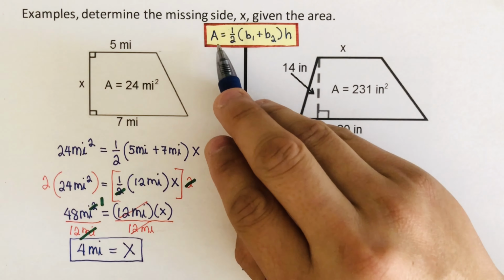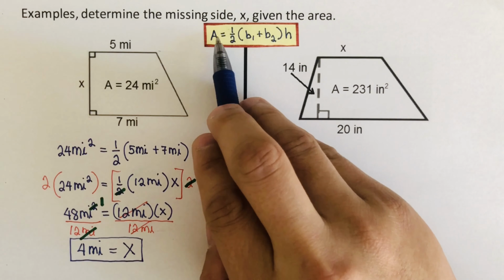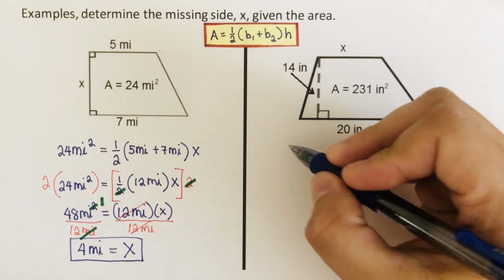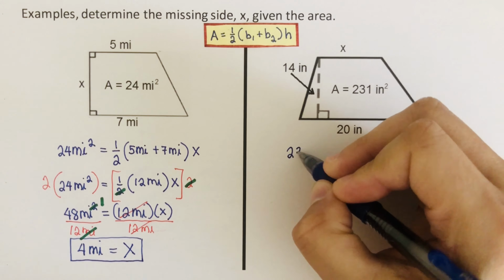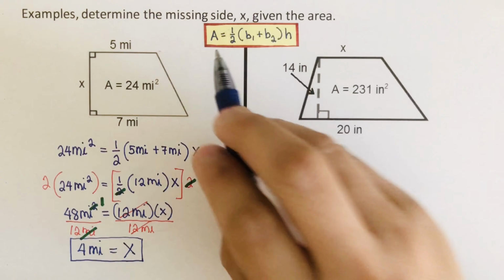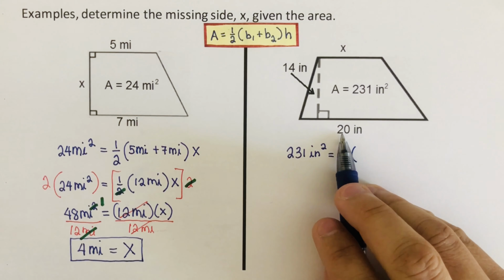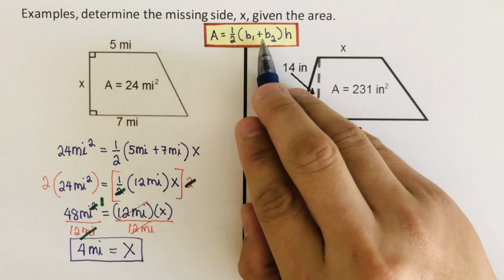So again, we set up these numbers by putting them into this equation that we have there. So 231 inches squared, that's the area, is equal to 1/2 of the first base, which is 20, because you're going to have base plus base.